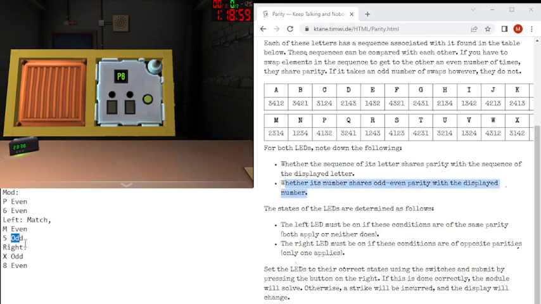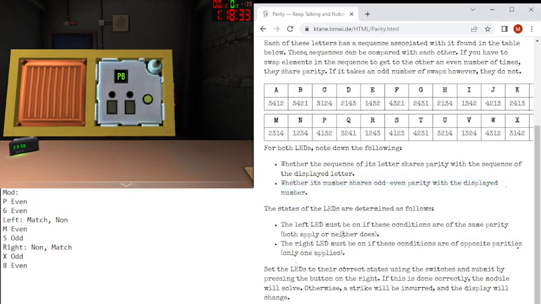On the left LED, this 5 does not match parity with the evenness of the 6. So we have one match, one non-match. And same thing with the right: the odd does not match the even up here if we compare the letters, so that's a non-match. The even does match the even, so that is a match.